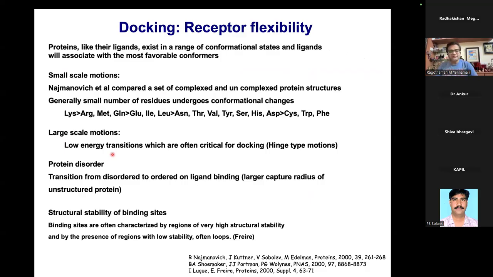You're not taking into consideration the receptor flexibility at all. So in Autodock, Gold, and even in Glide, you have modules where you can make certain parts of the protein flexible. You can't make the entire protein flexible because that is computationally very intensive.